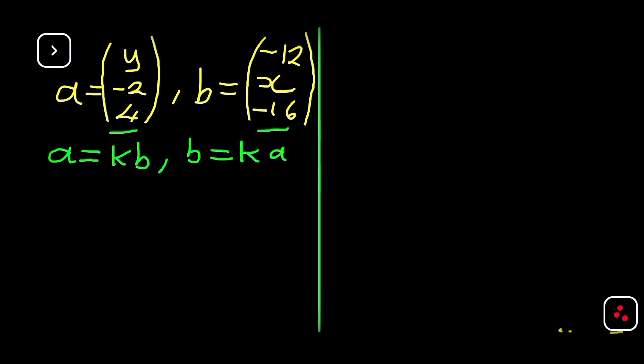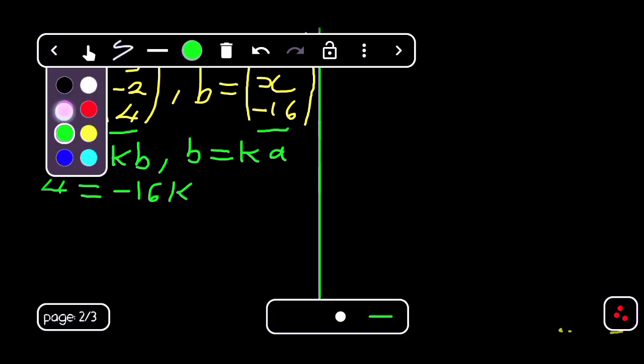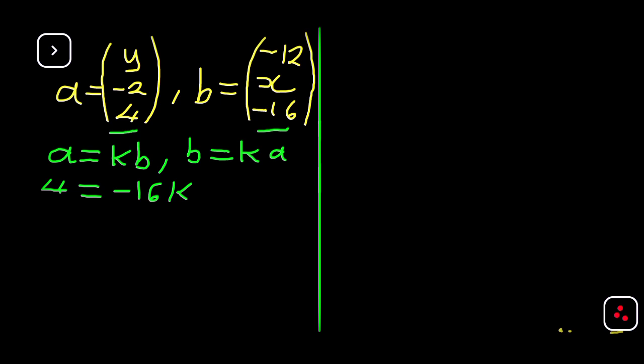Therefore, we are going to take 4 and equate it to negative 16k, which in this case will simply mean that k is equal to negative 1 over 4.